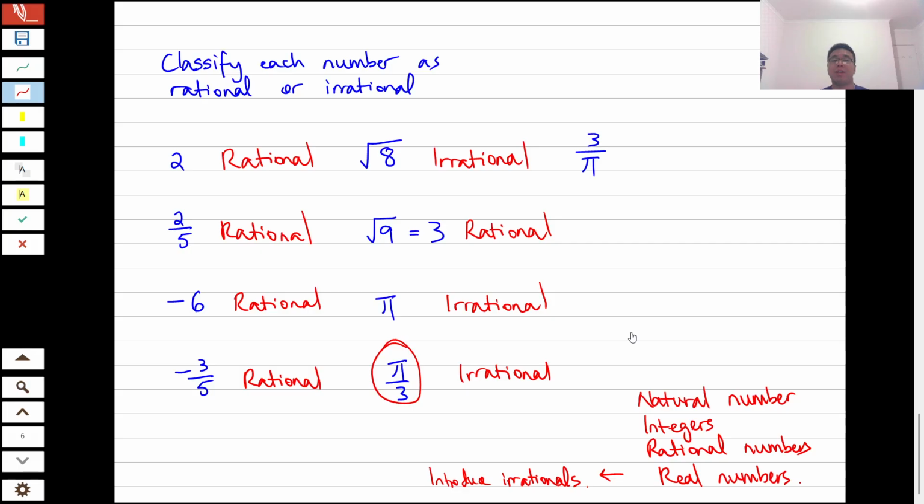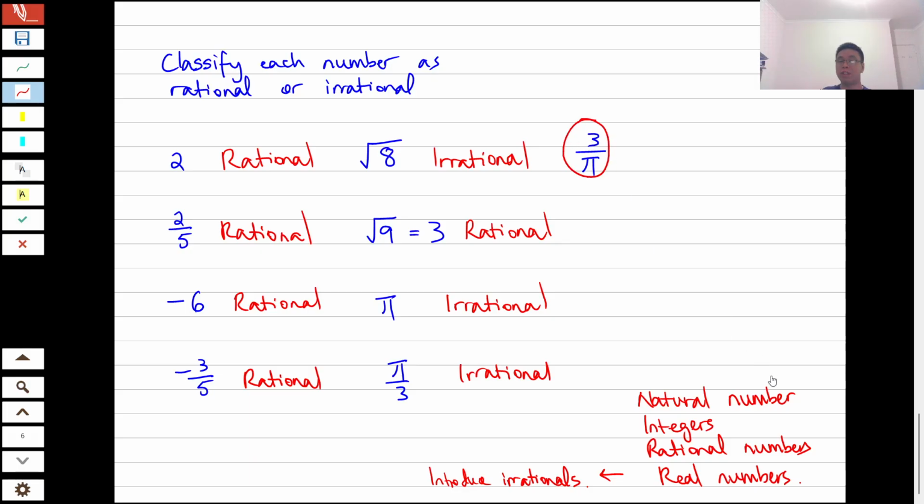And you'd be correct, but it's not just any fraction. It's a fraction involving 2 integers, and pi does not count as an integer. So, even though it's a fraction, it's not a rational number. So please remember, not all fractions are rational numbers.